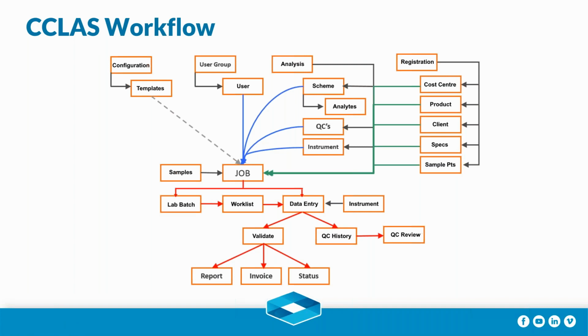Unlike the production data, which is job-based data, which will be archived off after 3 months, 6 months, or a year, QC history never gets archived. From this QC history, we are now doing the laboratory performance analysis.